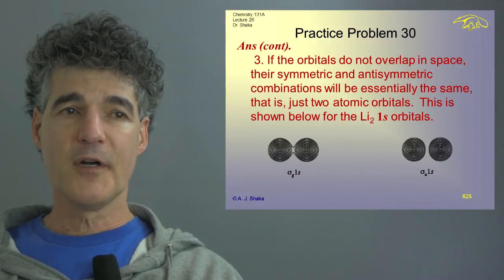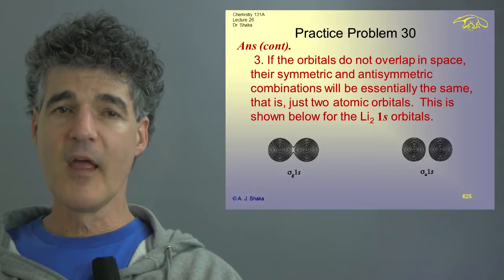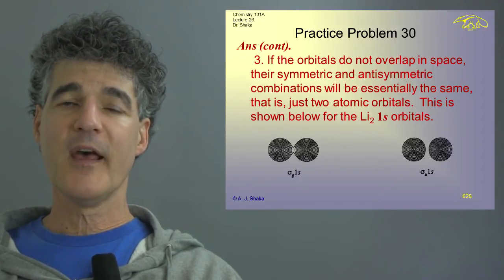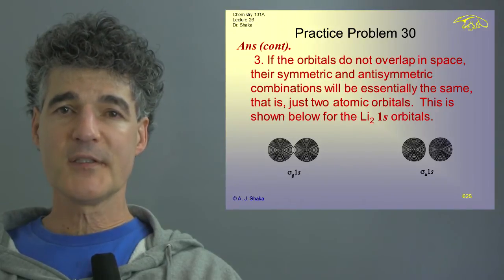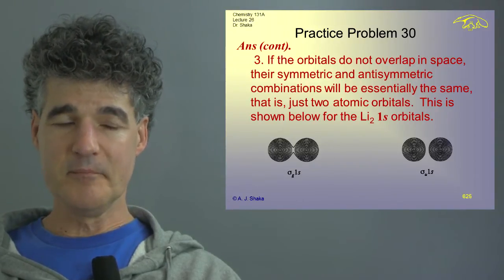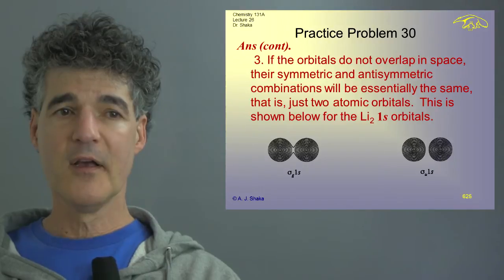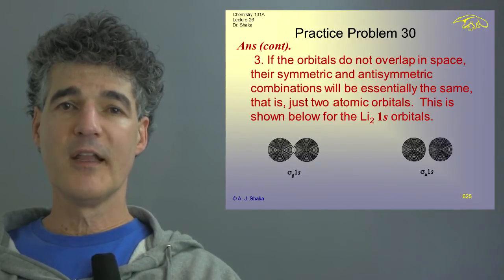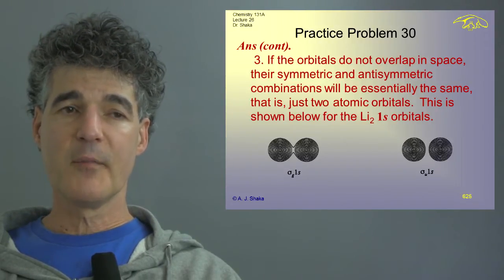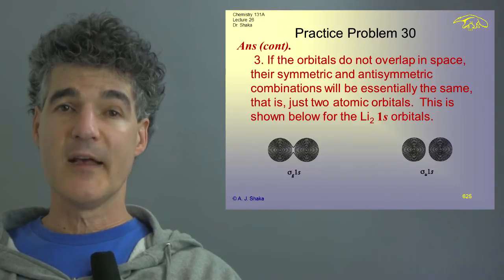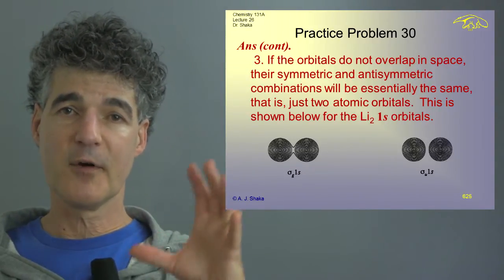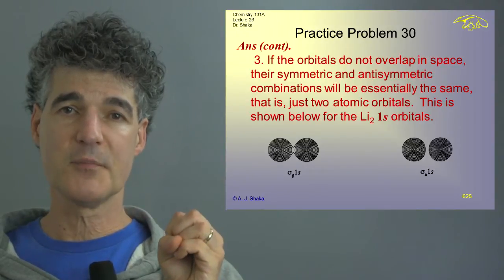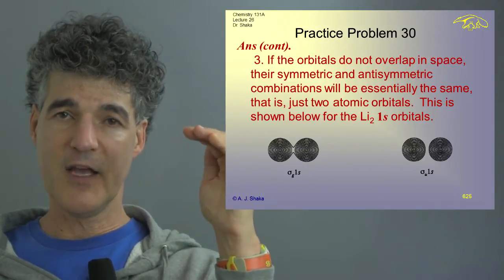And for the third one, we said, well, they have to overlap at least pairwise in space. That's best demonstrated by this lower electron contour for lithium dimer using the 1s orbitals. So the 1s, by the time you get to lithium, are considered core electrons because they aren't in the valence shell.